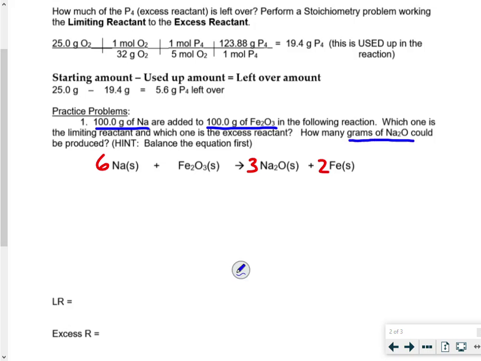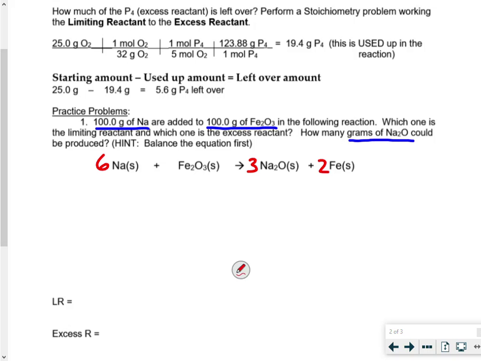So this right here is telling me which product to work both of the reactants to. Because I could work it all out to iron, and I could identify the limiting and the excess, but in the end, I have to do a third track to figure out the sodium oxide. So it's much easier if I identify which product it's working to before I start, and then I'm going to work both of my reactants to that product.